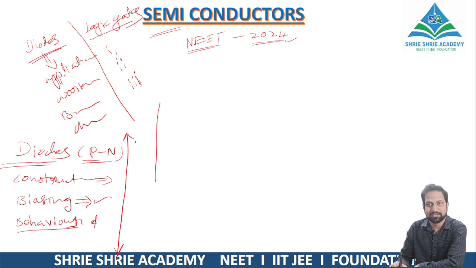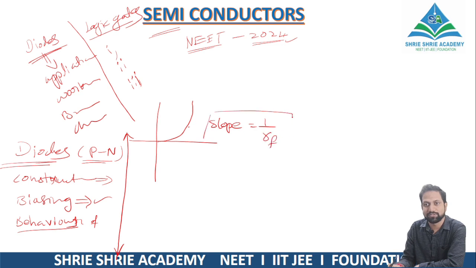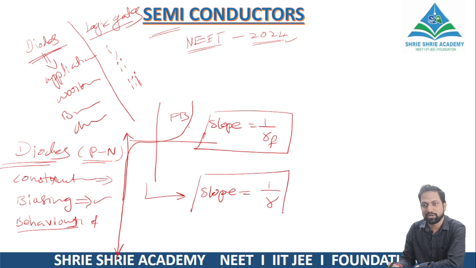The resistance, in the sense, if the forward bias characteristic is like this, then the slope of this graph will be 1 by resistance of the diode in forward bias, remember, reciprocal. And reverse bias you have already seen, this will be the reverse bias. In reverse bias also the slope will be equal to 1 by resistance of the diode in reverse bias.